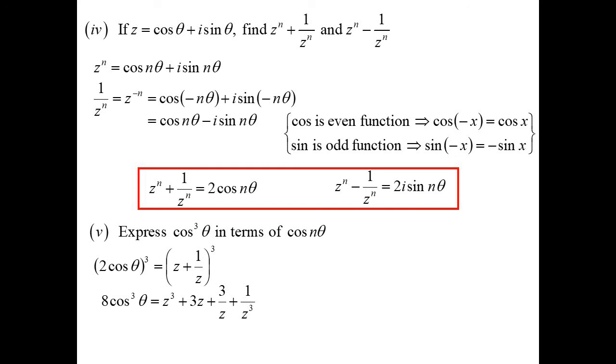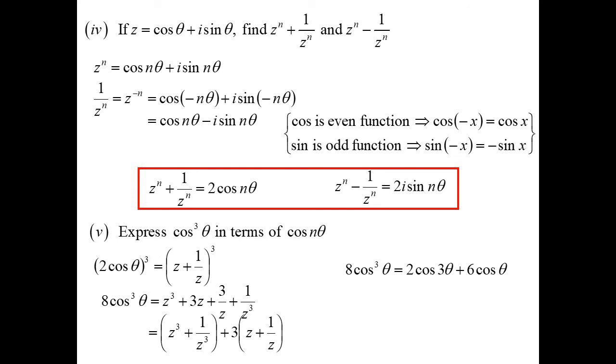On the right-hand side, I expand it out, but now I group the z cubed with the 1 on z cubed, so matching the powers, basically, or the size of the powers. But the z cubed plus 1 on z cubed, I can now go back to the formula, and that'll be 2 cos 3 theta, and the z plus 1 on z will be 2 cos theta.